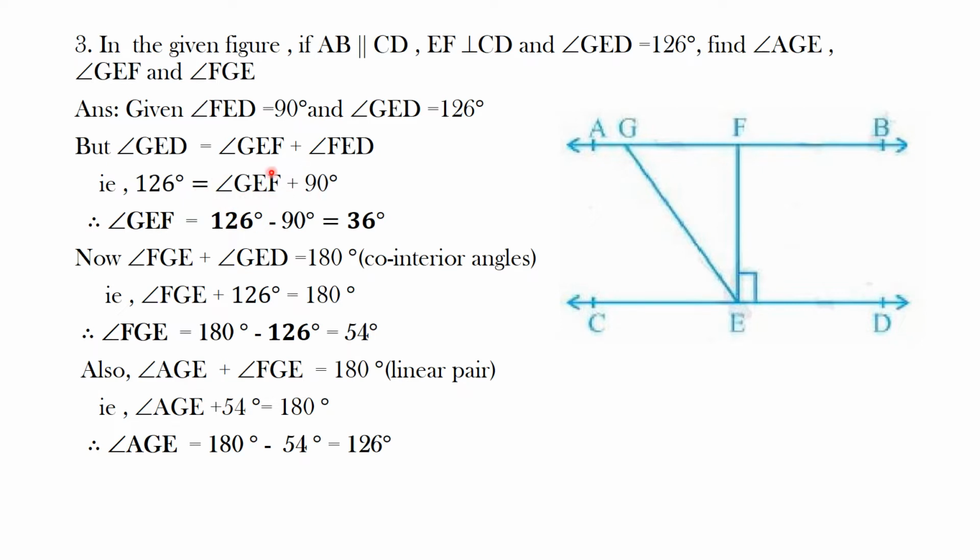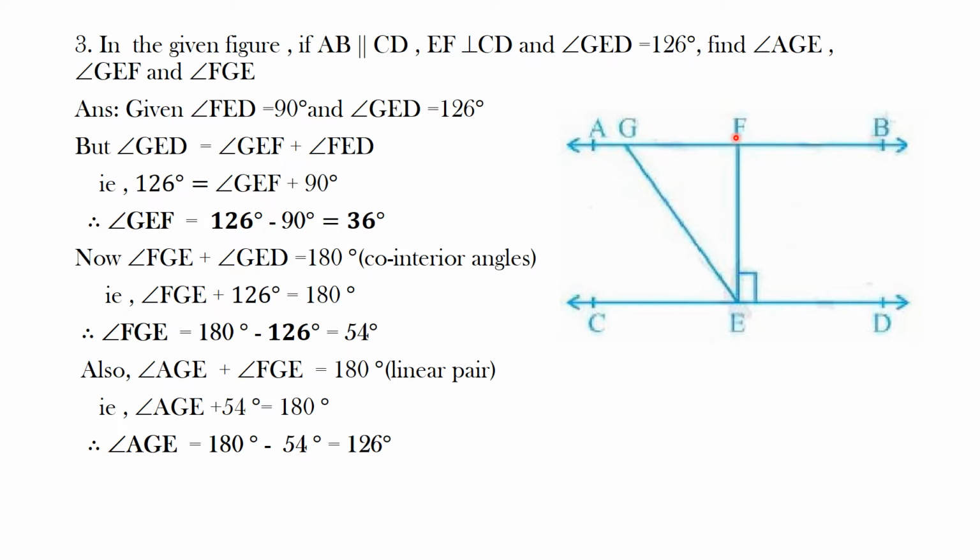From there we can say angle GEF is equal to 126 degrees minus 90 degrees, which is equal to 36 degrees. Therefore we got the value for GEF. GEF is equal to 36 degrees.